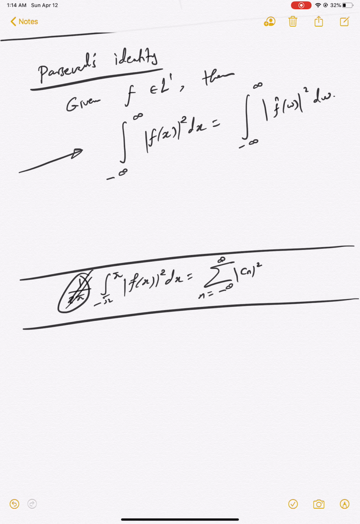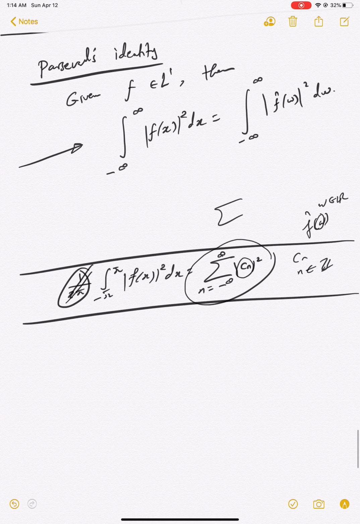Okay, but if you forget the 1 over 2 pi and you just look at the integral equal to the sum, again, what is the sum? You're adding all the Fourier coefficients, the cn's, from negative infinity to infinity over the integer values, because the cn is defined when n is an integer value. Now, the f hat of omega is defined when omega is a real number. So imagine you need to write the sum from negative infinity to infinity, omega being a real number.